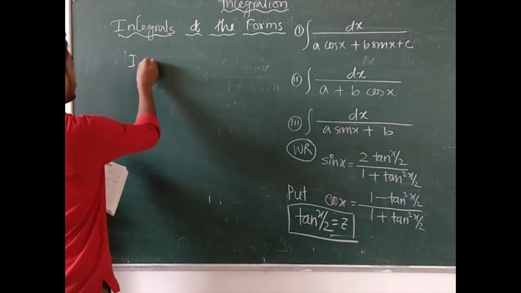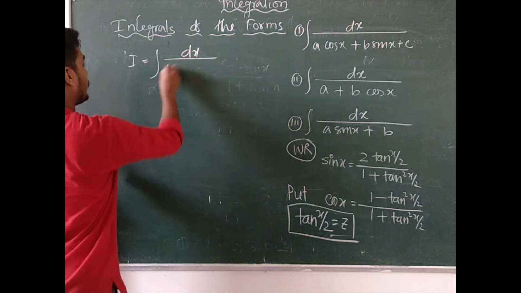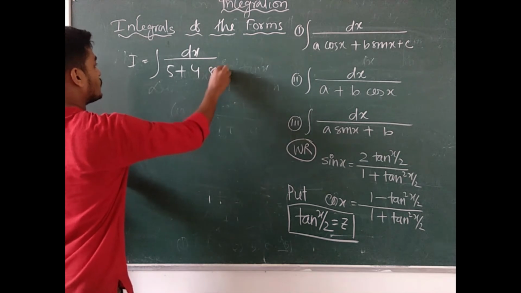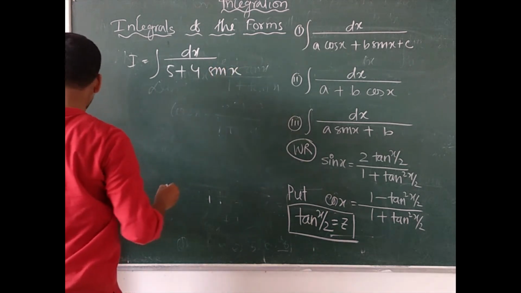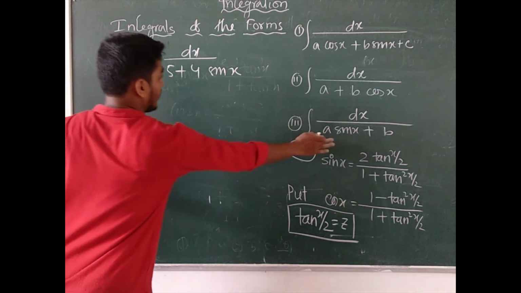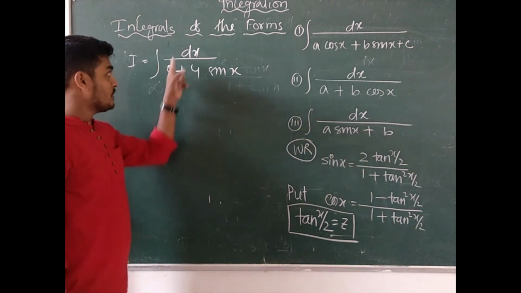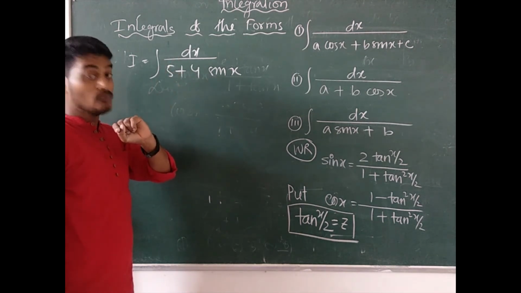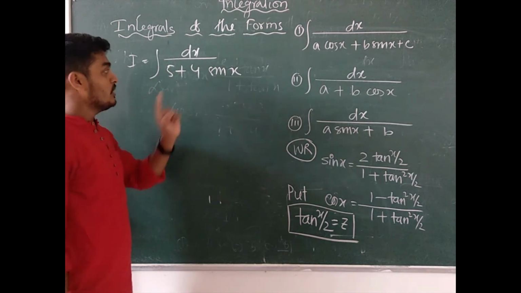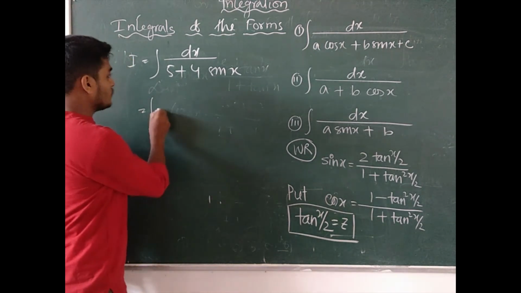Suppose the question is given like this: dx divided by 5 plus 4 sin x. Questions of this type are important. If you compare, a is equal to 4 and b is equal to 5, and the numerator contains exactly 1. Then what you have to do is put the values in place of sin x and cos x.